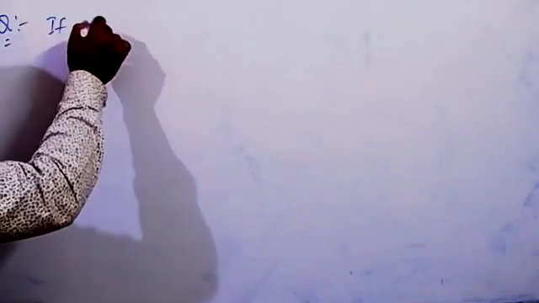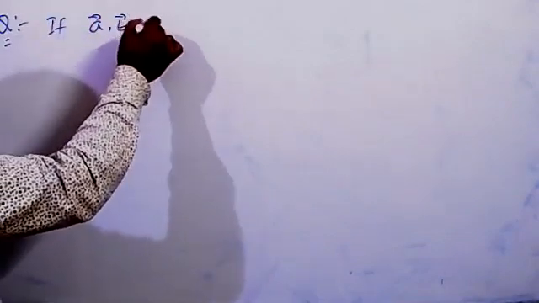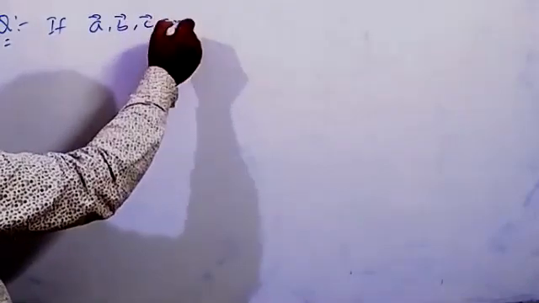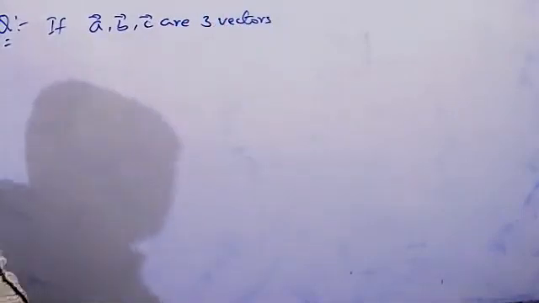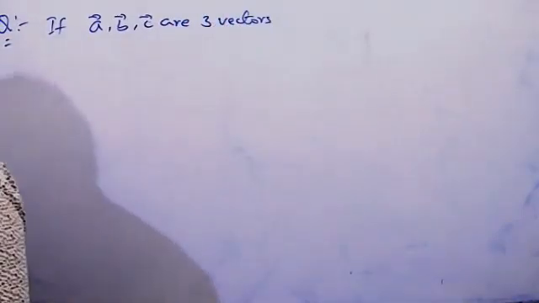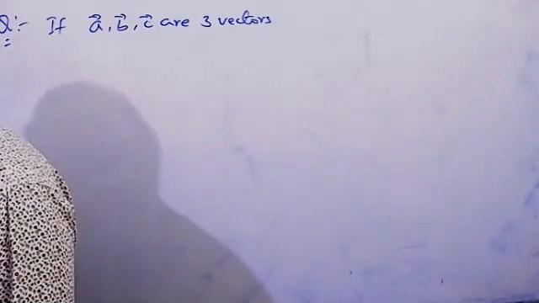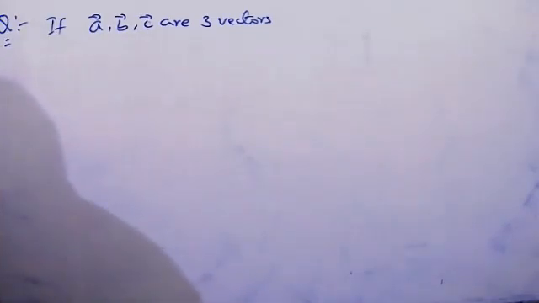Now, if A comma B comma C are three vectors with magnitudes 3 comma 4 and 5 respectively.